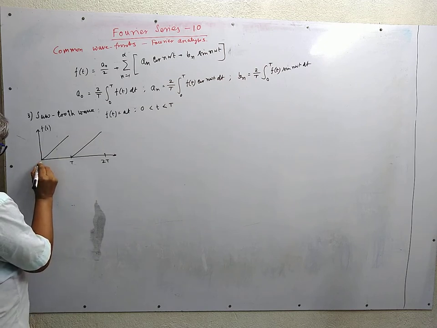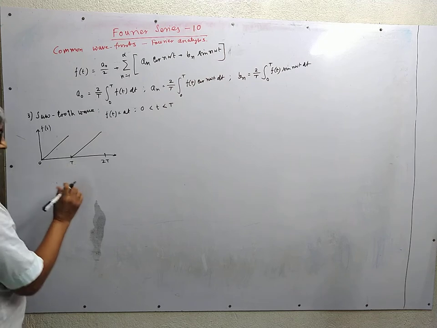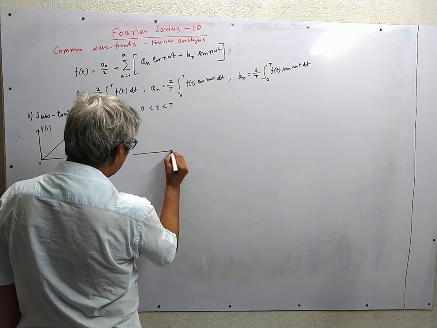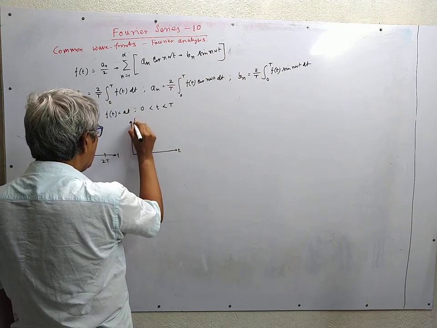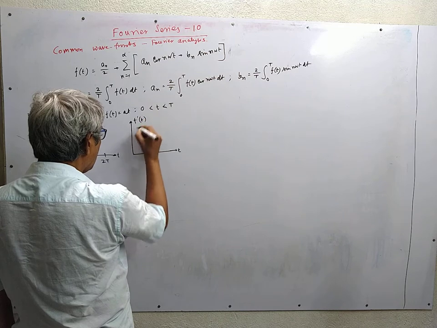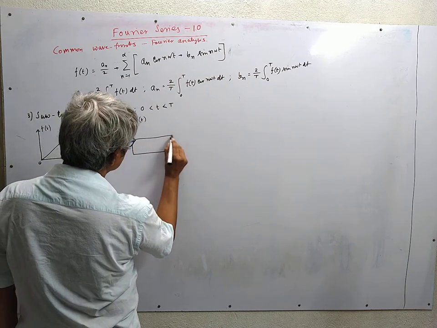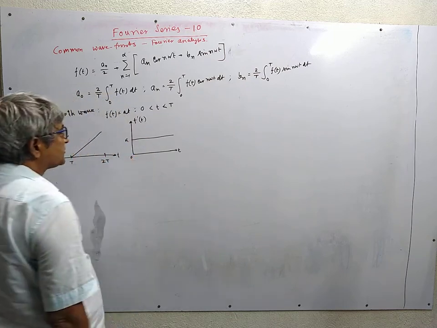If we take the derivative, this is all along a. So what do we expect?